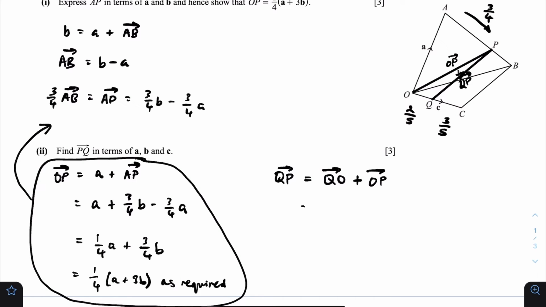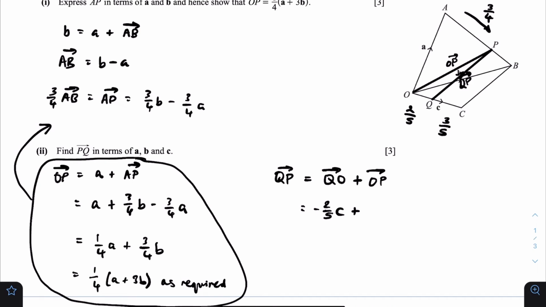And now we can substitute values in. So QO is actually negative 2/5 C since we're going backwards on the line OC, making this negative C. So it's negative 2/5 C plus OP, which is going towards P.